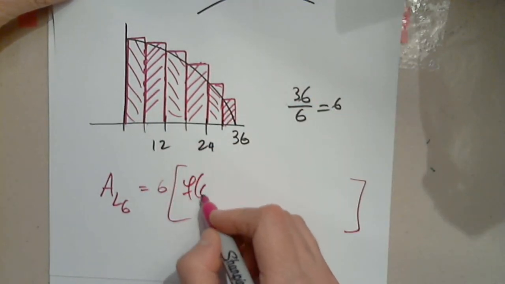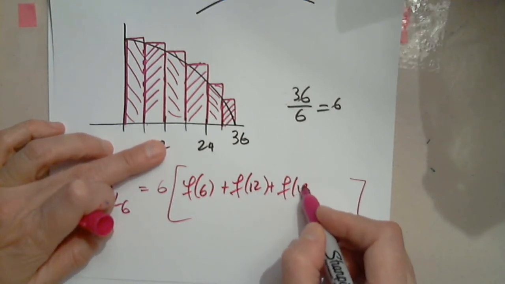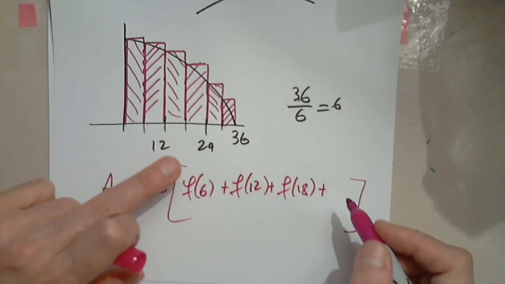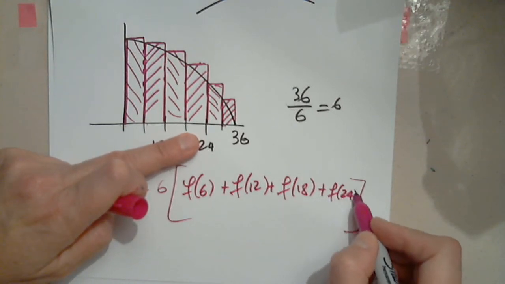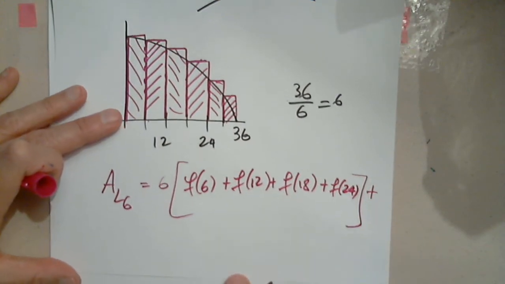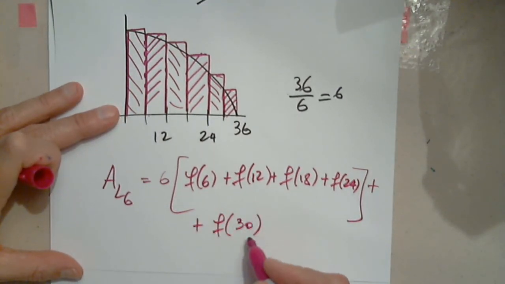So it's going to be f of 6 plus f of 12 plus f of 18 plus f of 24. Of course, I ran out of room. I'm going to erase that. Plus f of 30.